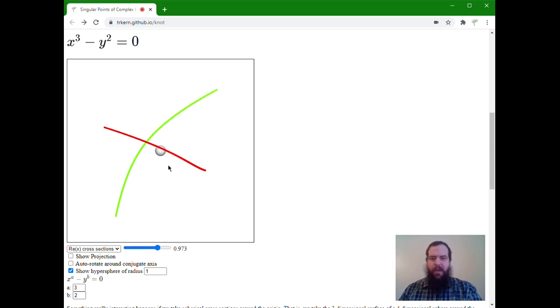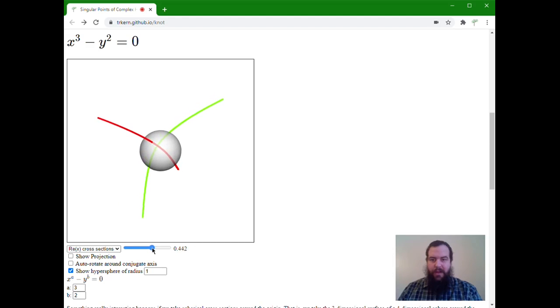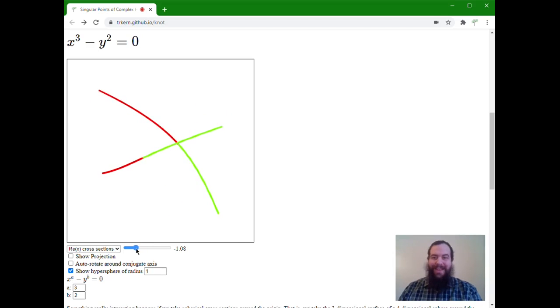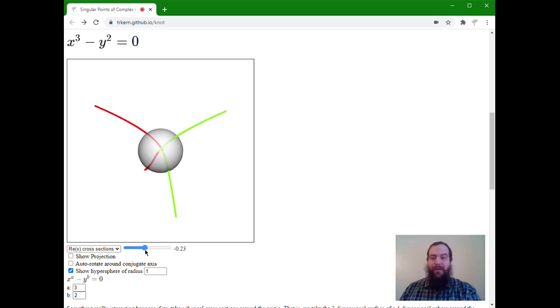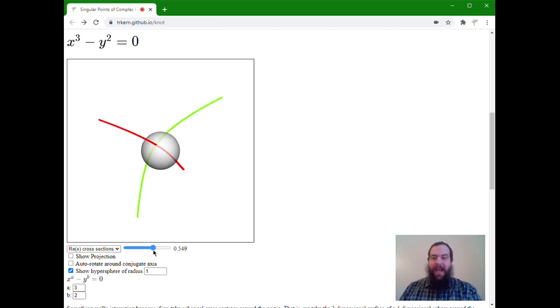Similarly, those cross sections are going to be the outer surface of a 2-dimensional sphere, getting bigger and bigger as we get closer to the origin, and then smaller again after we hit the origin. I don't know if this is helpful, but this is what we should be imagining here.